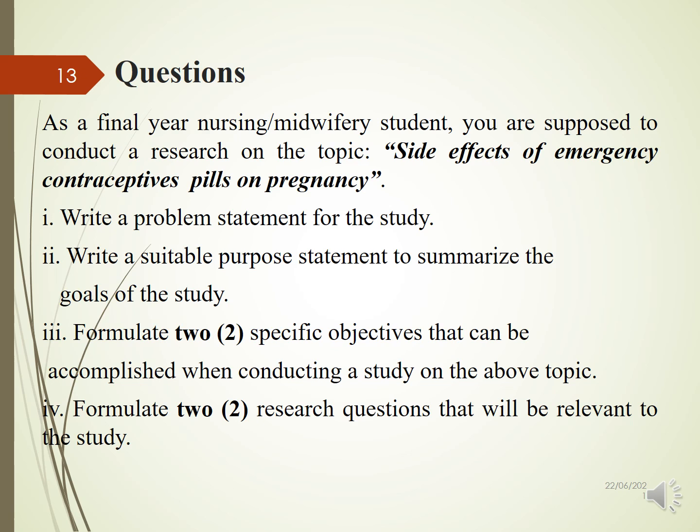Write a problem statement for the study. 2. Write a suitable purpose statement to summarize the goals of the study. 3. Formulate 2 specific objectives that can be accomplished when conducting a study on the above topic. And then 4. Formulate 2 research questions that will be relevant to the study.